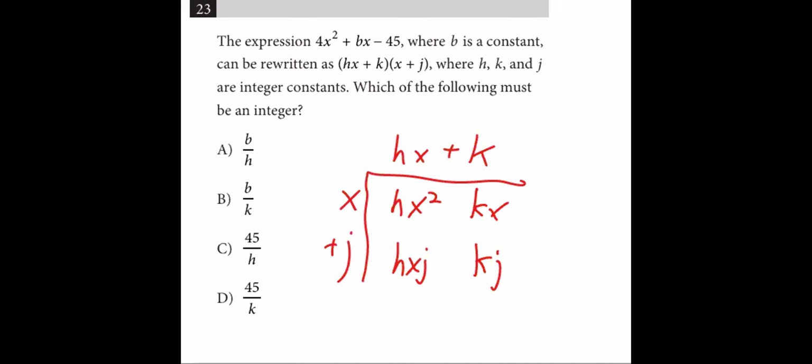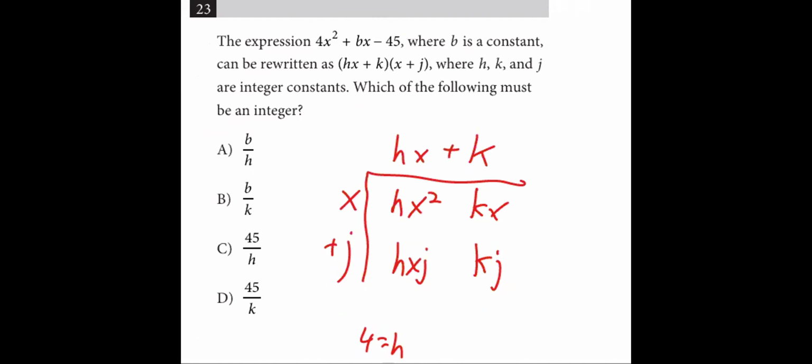In reference to the first term, h would have to be 4. We know that kx plus hxj is equal to bx, and we know that k times j has to be equal to negative 45.